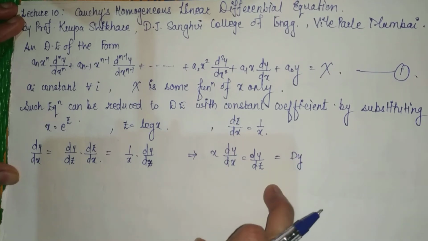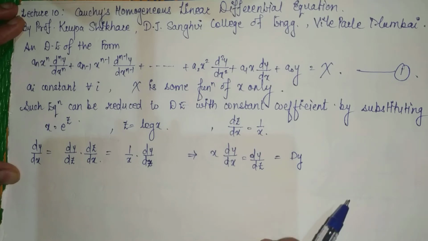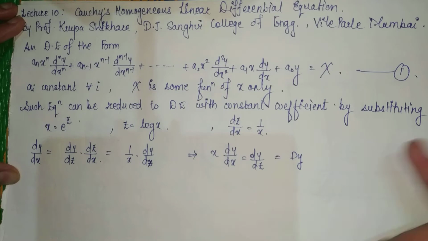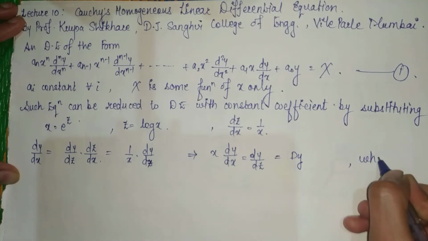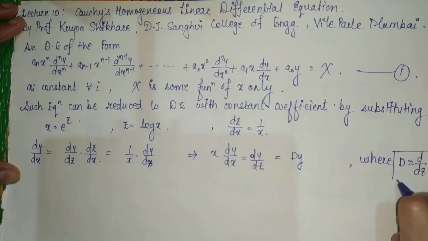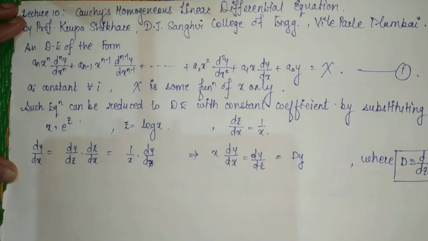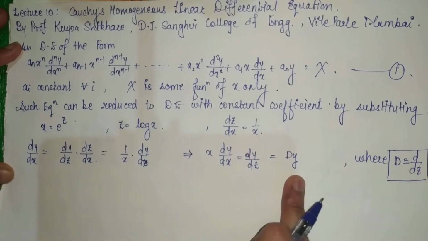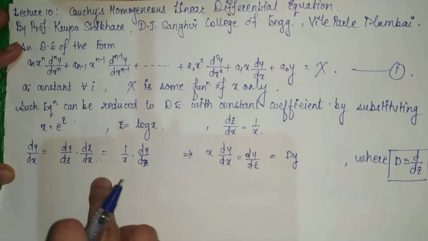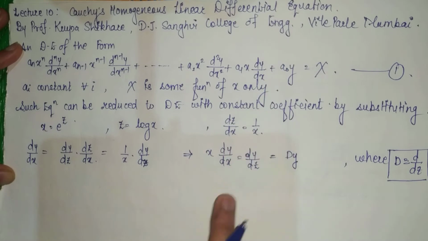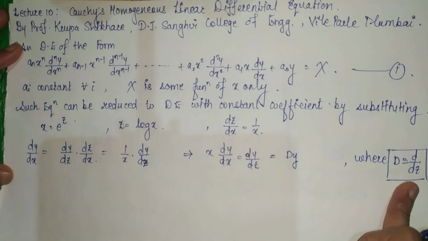In the previous lectures my D was d by dx, but in this case my D is differentiation of y with respect to z. You have to remember D is the derivative with respect to z. So for first order, x dy by dx is equal to Dy, where D is d by dz.